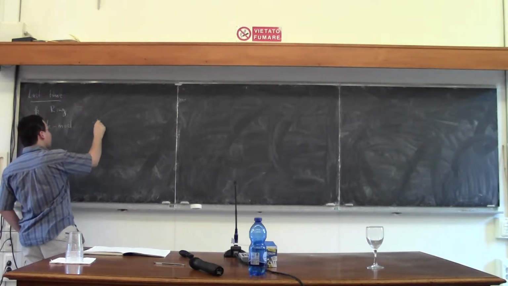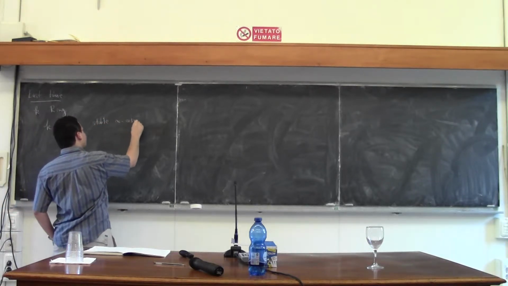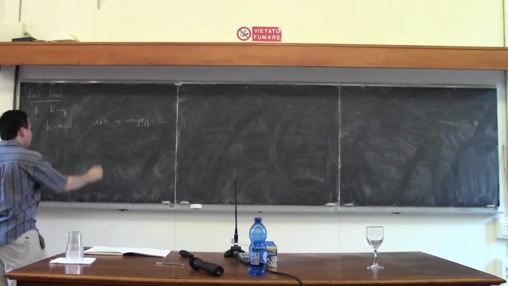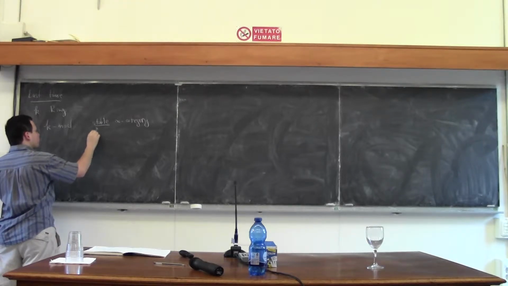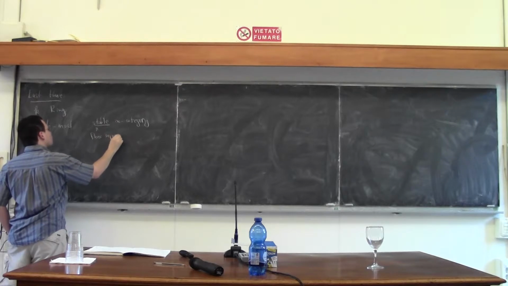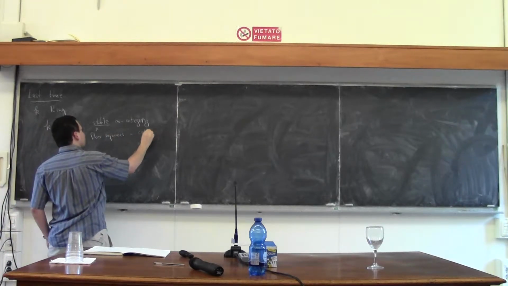It was something called a stable infinity category. Stable, let me remind you, meant that fiber sequences were the same as co-fiber sequences.